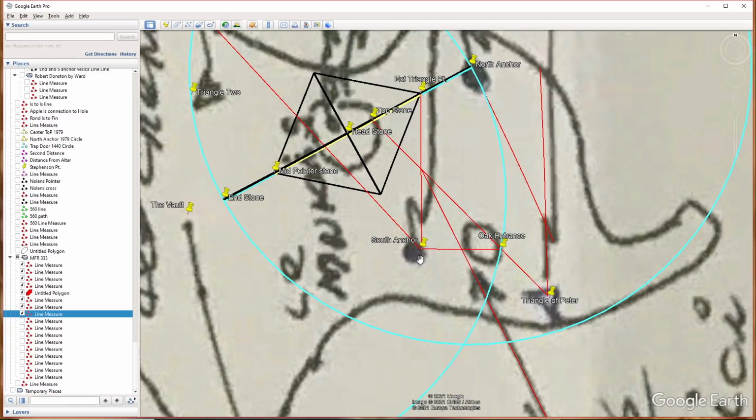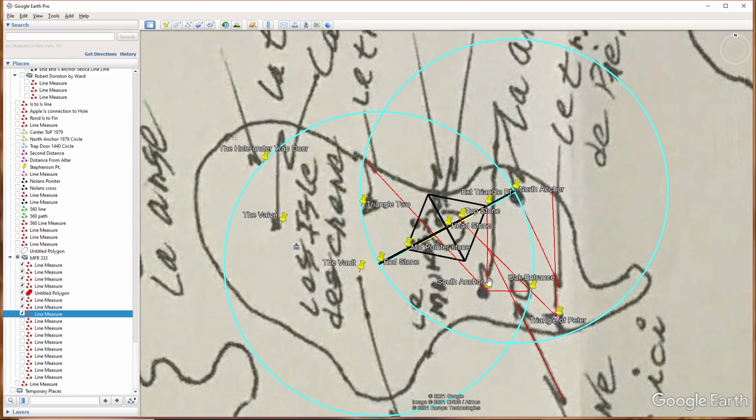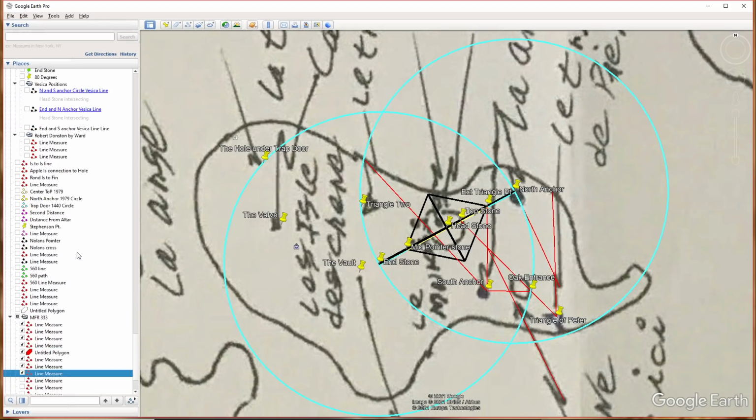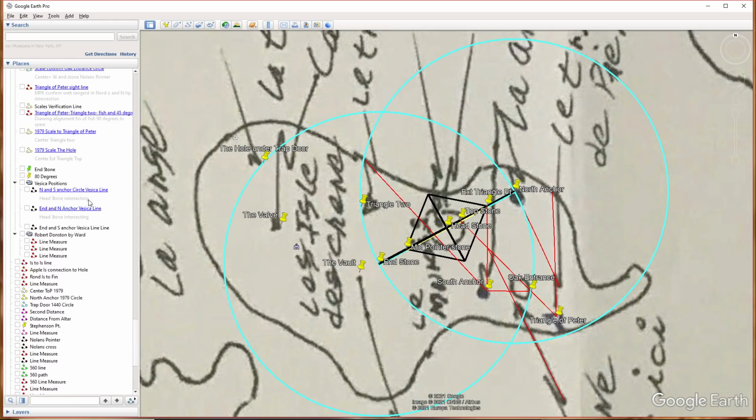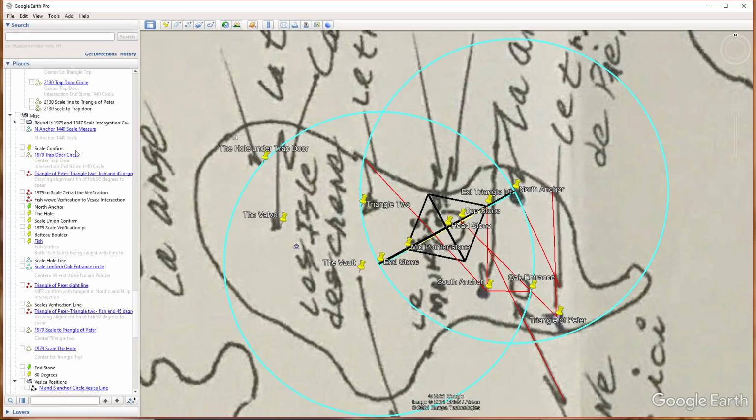So we've located the south anchor, and the next step in why this is connected with the Triangle of Peter, or with Triangle 2, is that, let's see, where is it?